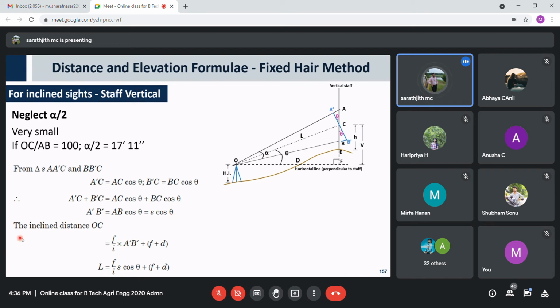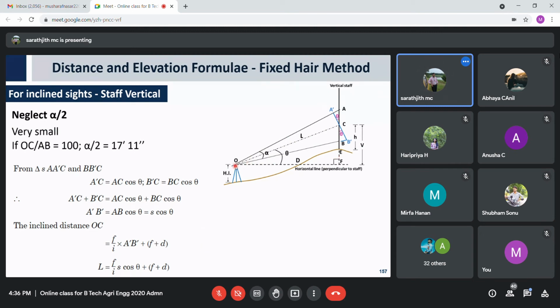Now we want to find the inclined distance OC, which is L. You consider this triangle. The distance formula we already have. What is the distance formula?